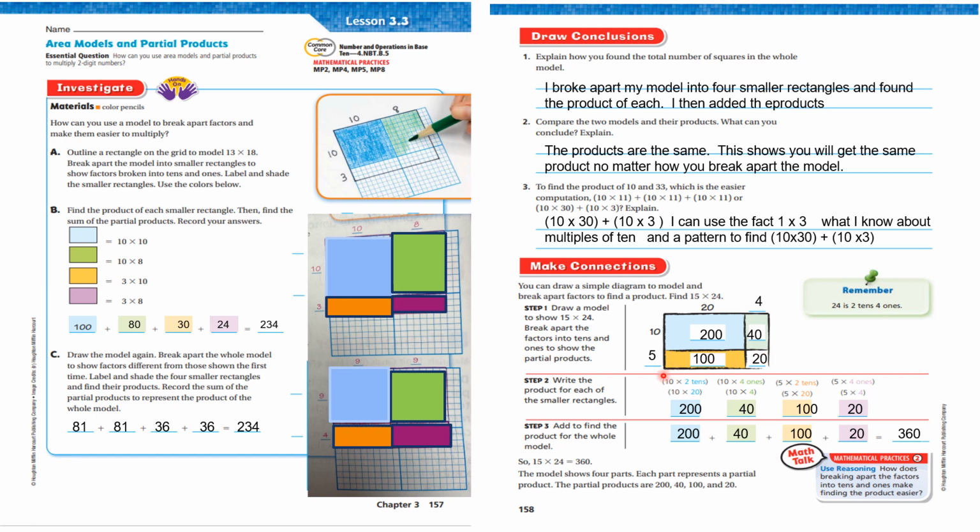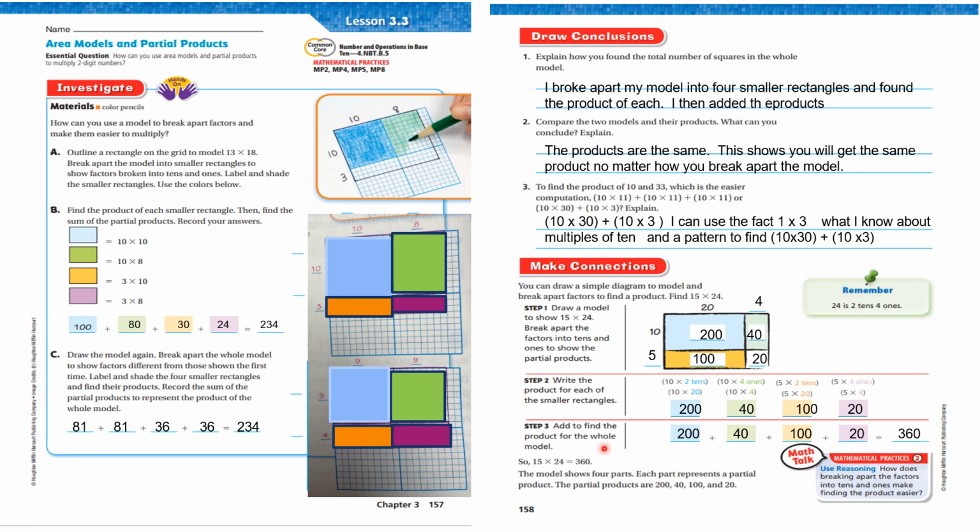So 10 times 2 tens, or 10 times 20, is 200. 10 times 4 ones, or 10 times 4, is 40. 5 times 2 tens, or 5 times 20, is 100. 5 times 4 ones, or 5 times 4, is 20.